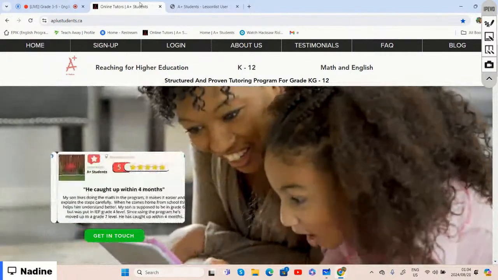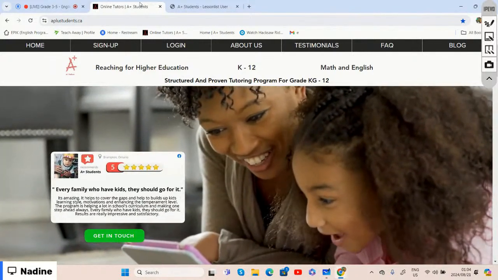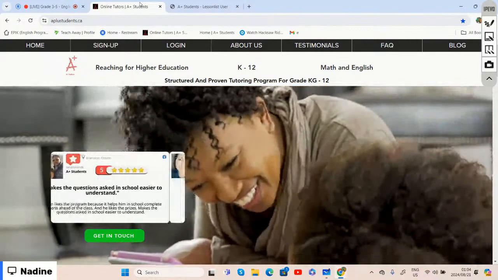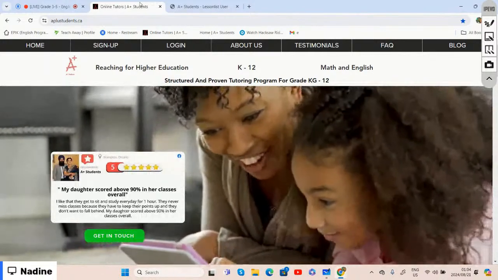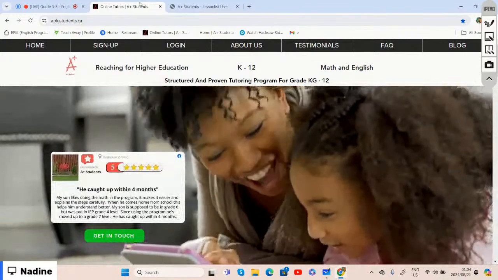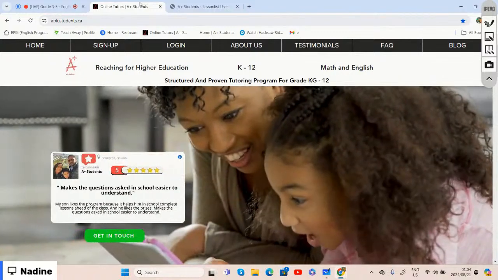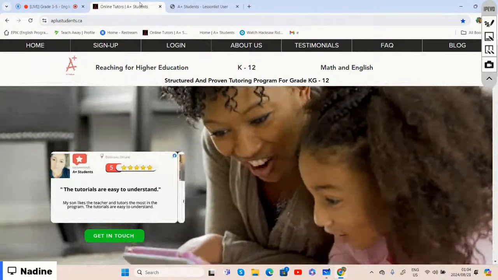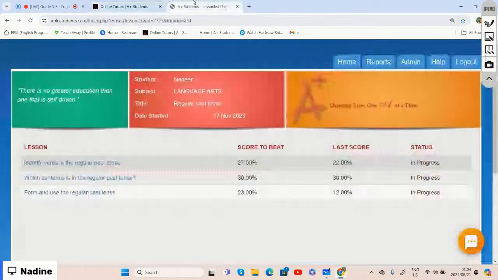Once you've logged on with our username as well as our password, we're going to select the subject of English Language Arts, grade 3 to 5, and then scroll down until we get to our chapter of regular past tense.